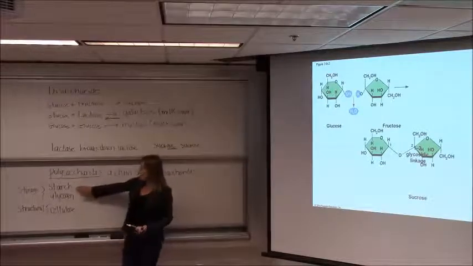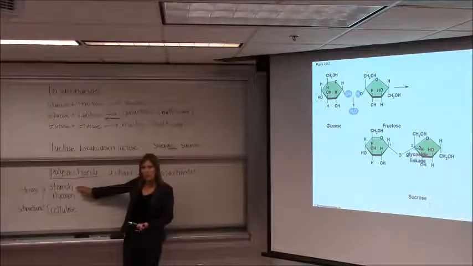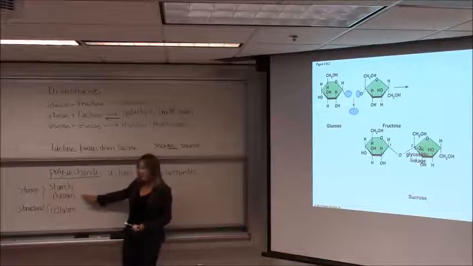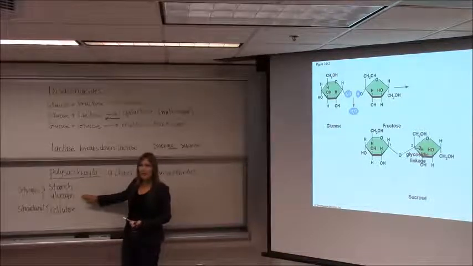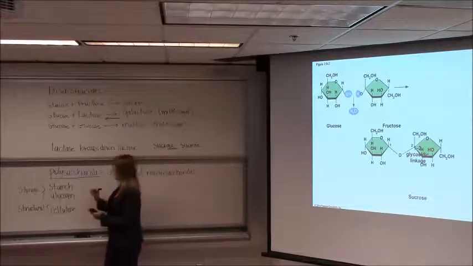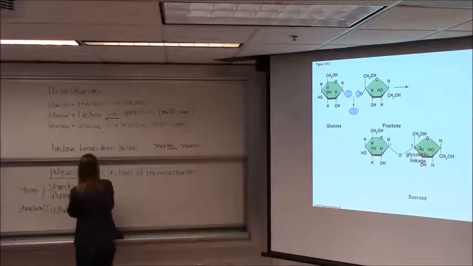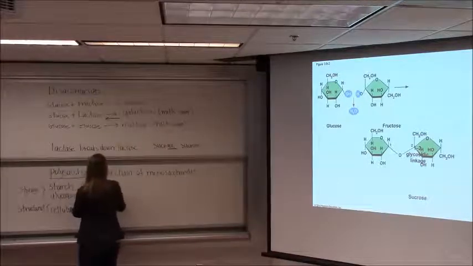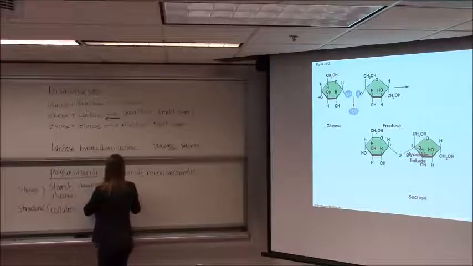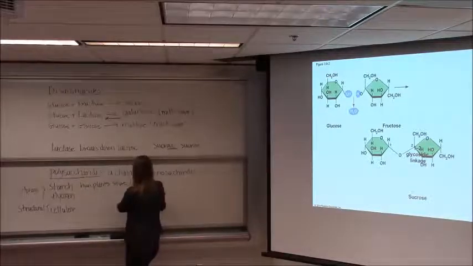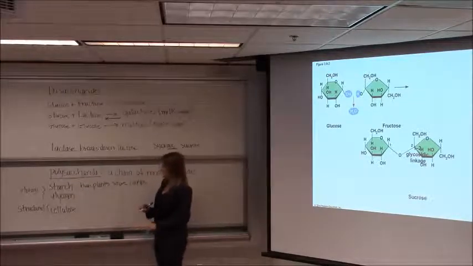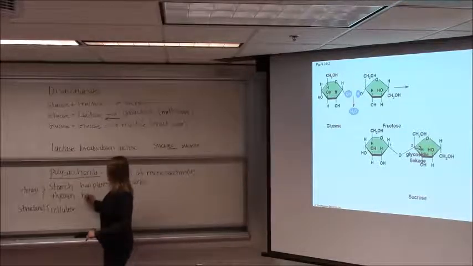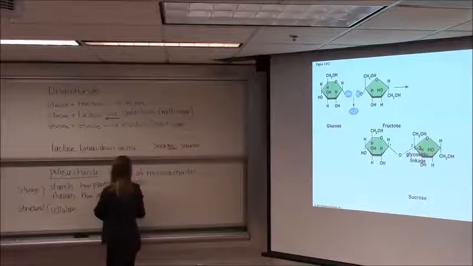Starch is how plants store carbohydrates, and glycogen is how animals store carbohydrates. So starch, how plants store carbohydrates. I'm just going to write carbs for short. And then glycogen is going to be how animals store carbs.